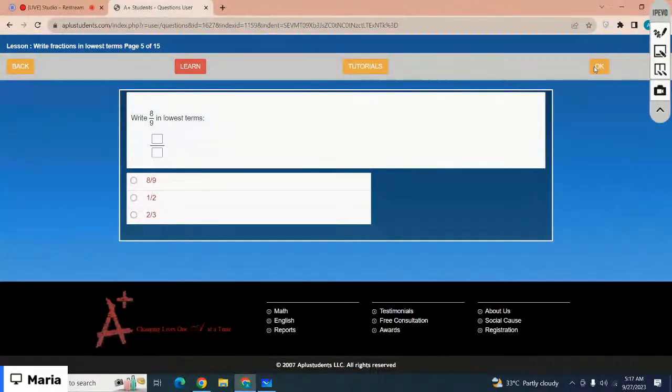Write 8 by 9 in lowest form. Which is the correct option? They do not have any common number.